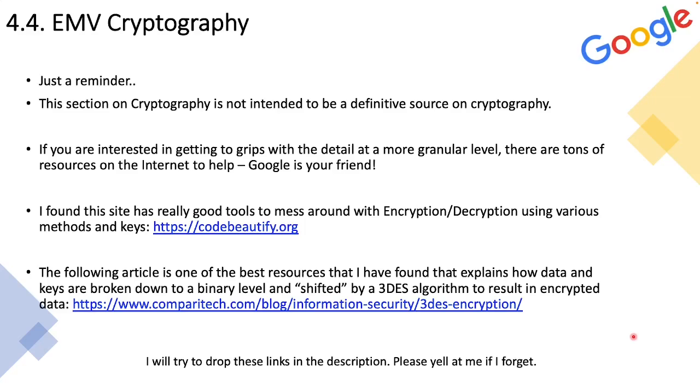But if you read this article, it actually goes down to converting these hex values into binary, and how the algorithms shift the bit positions around to revert it back into a string of alphanumeric characters, and that results in the scrambling. So if you have time or if you have any interest, please have a look at this article.